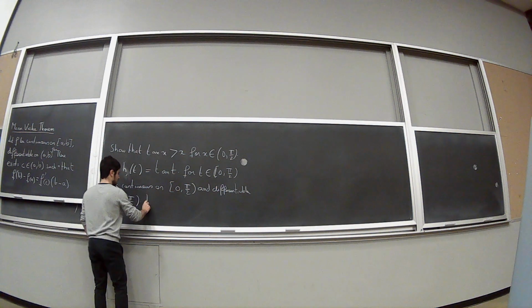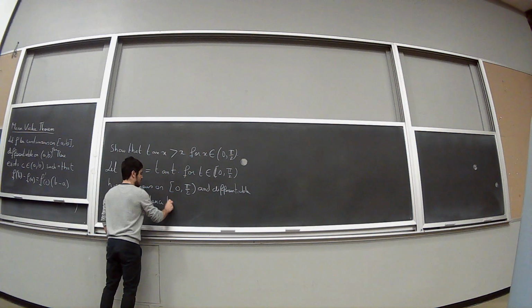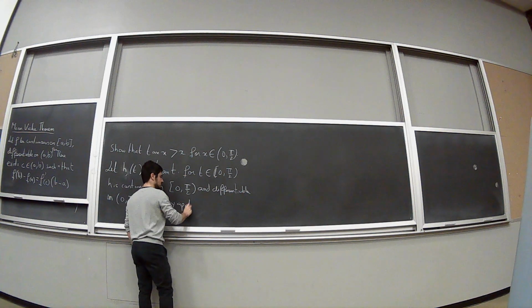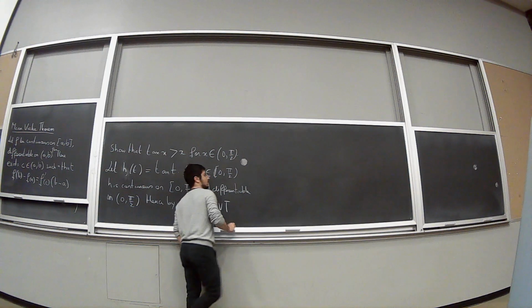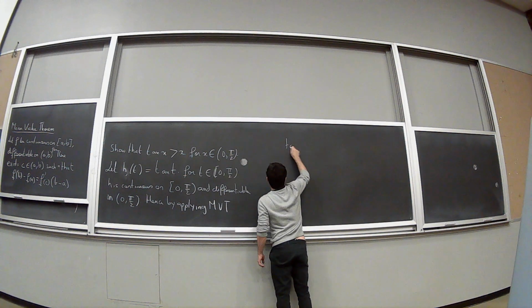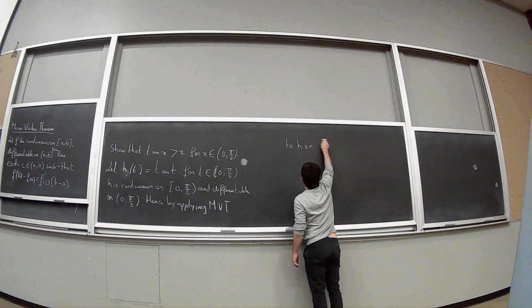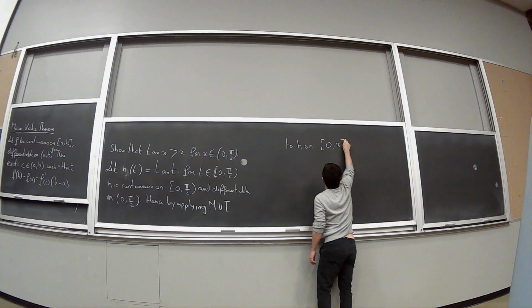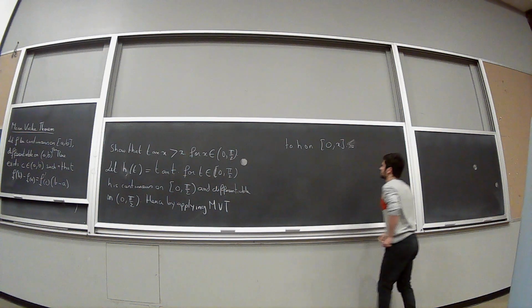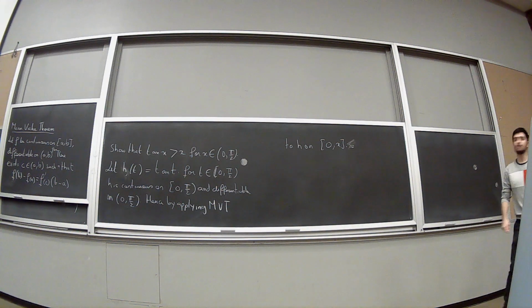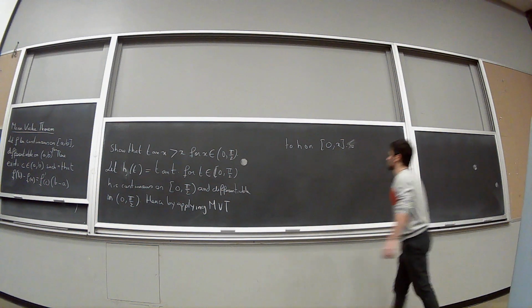Now notice that x is between 0 and pi over 2. Hence, by applying the mean value theorem to h on the interval [0, x], what do we get?